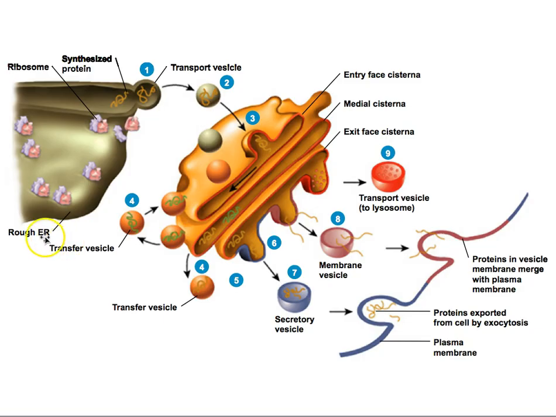So here is the rough endoplasmic reticulum, and you guys correctly said that we're going to synthesize proteins at a ribosome, and it's going to be put inside a vesicle, and that vesicle fuses with the entry phase cisterna. This is modified, and now it's moved into another vesicle, which is then going to transfer it to the exit phase cisterna. And it has the possibility of being either secreted by exocytosis or inserted into the membrane.